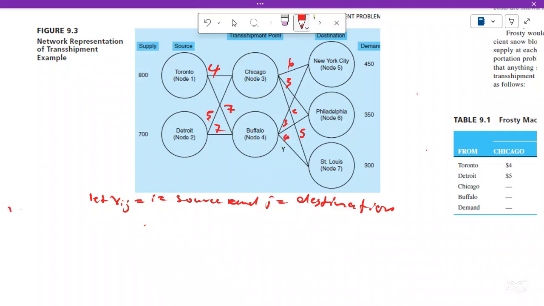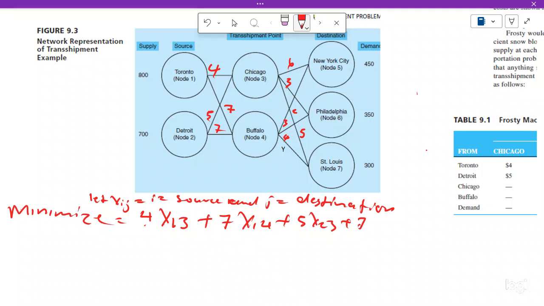Then minimize equals: 4x13, right? Plus 7x14 plus 5x23 plus 7x24.